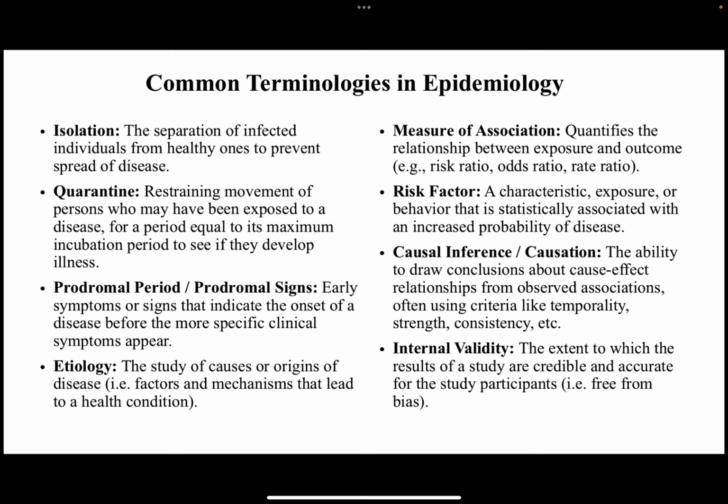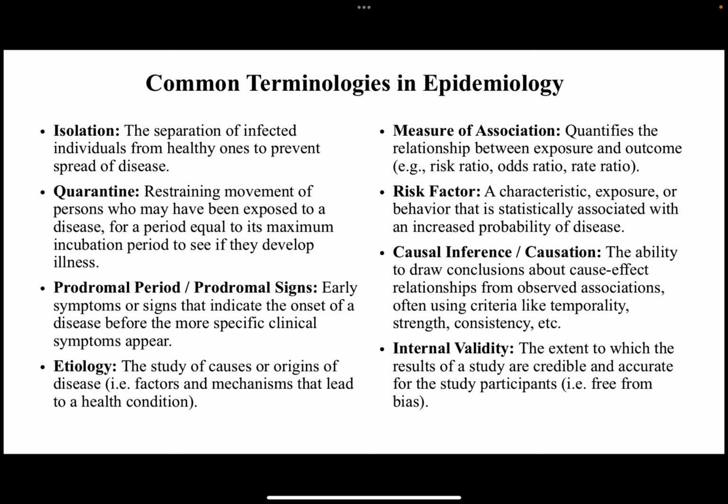So for example, a randomized controlled trial that prevents bias has high internal validity. Also, a survey with poor sampling and missing data has a low internal validity. So internal validity is about how accurate and trustworthy a study's results are for the participants being studied.